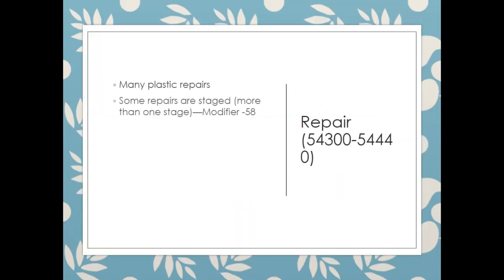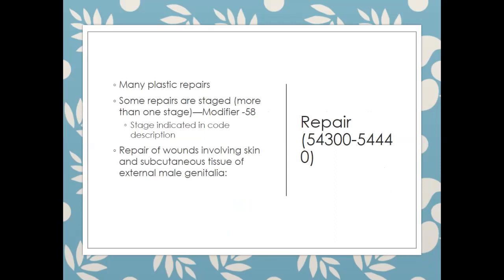Now we're going to move straight into repair. The repair category includes many plastic repairs. Some repairs involve more than one stage. So some repairs are staged more than once, and you're going to use a modifier 58 with those. The stage is indicated in the code description.